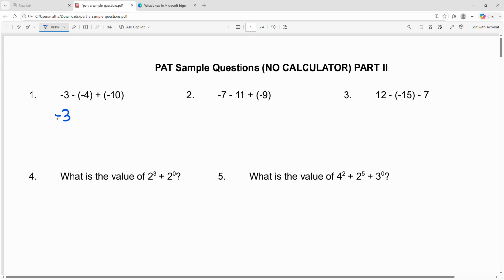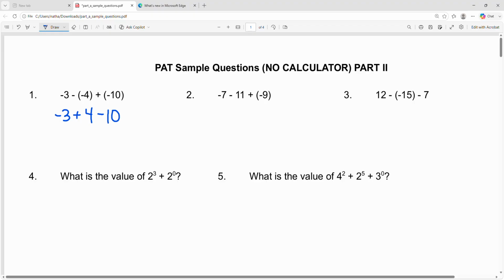Okay, we're doing the exact opposite thing. So when I subtract a negative, I add the opposite. So I'm just simply going to instead add 4. When I add a negative, that's the same as subtracting. So I can write this as -10. So if we're adding a negative, it's like minusing 10.